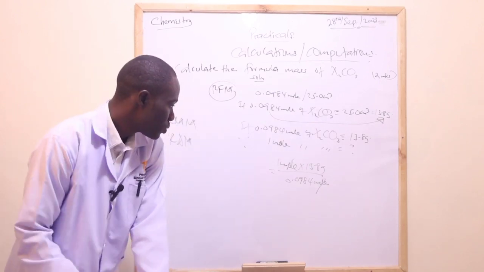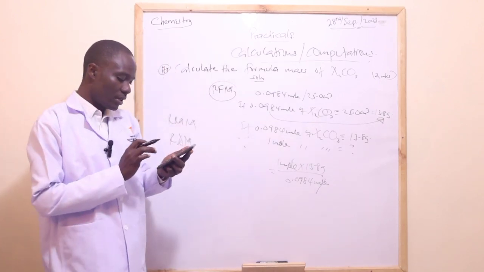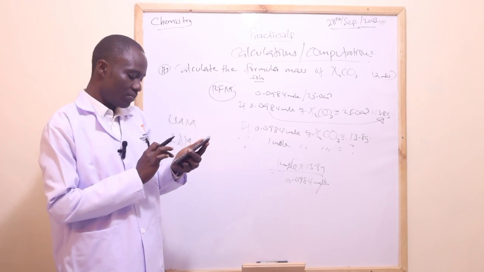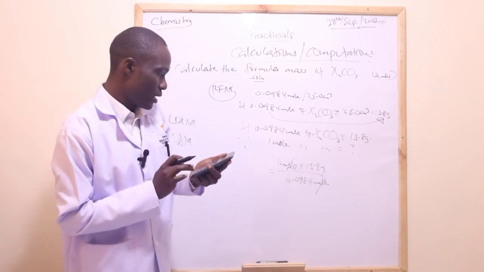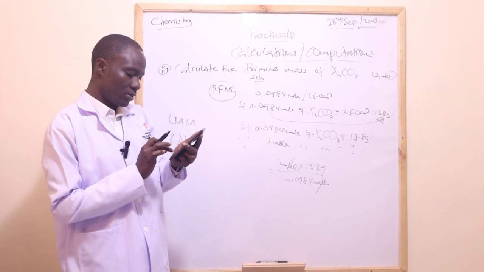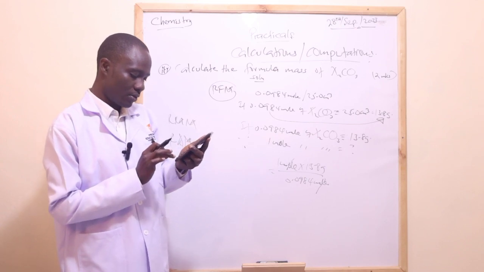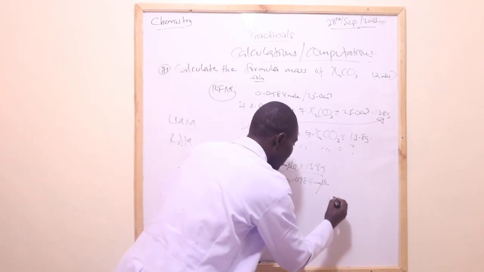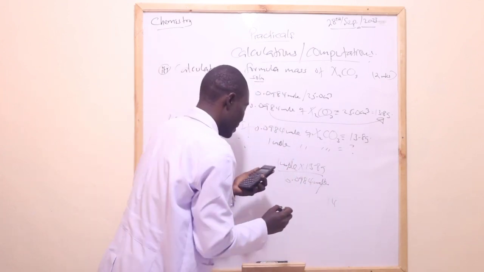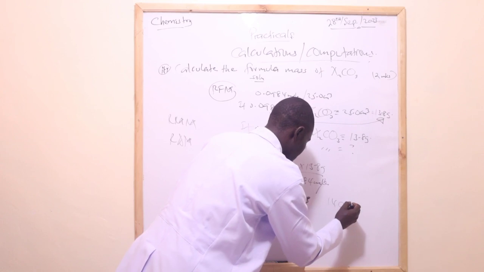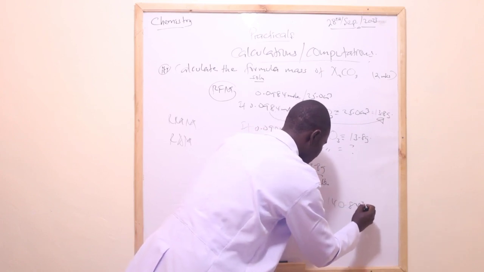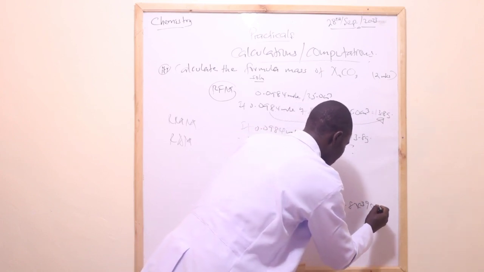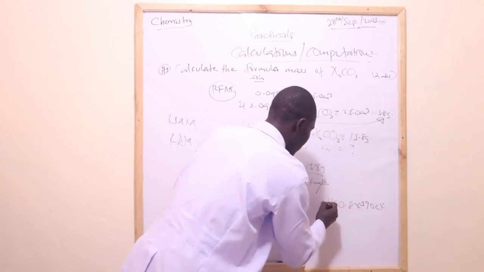When you use your calculator correctly, you divide 13.8 by 0.0984, and we get 140.843924.